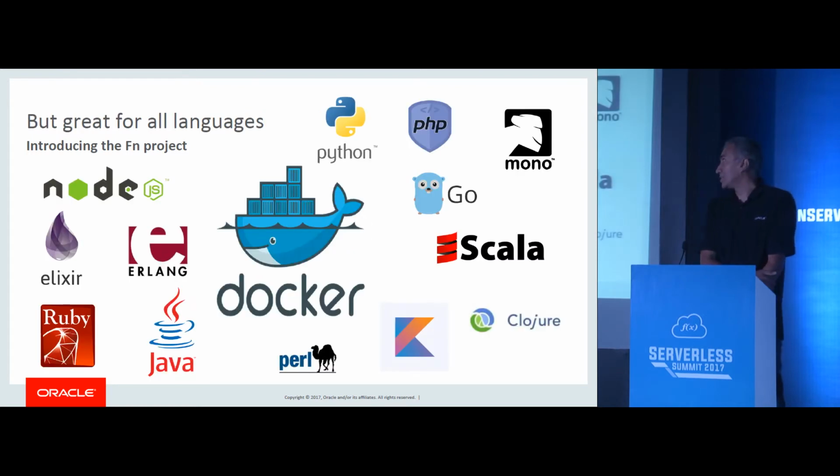This doesn't mean that it only supports Java. Out of the box, I think there's support for about 15 different languages, and more are on the way. The nice thing about the FN project is that it's Docker-based, so you can take any of the Docker containers and leverage it in your FN system.